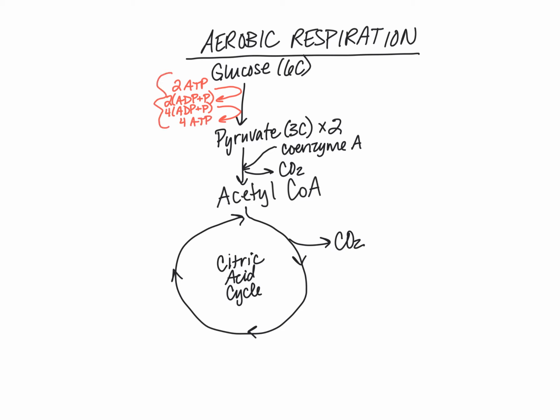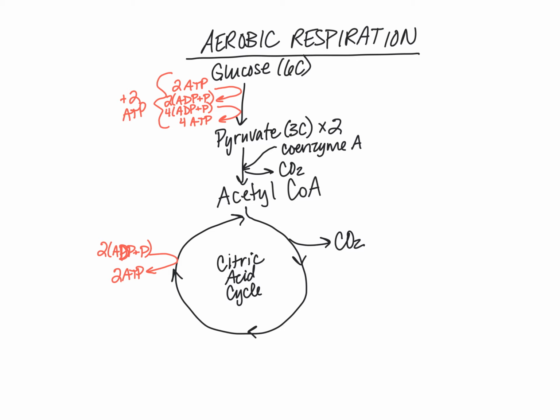So altogether, we end up with plus 2 ATP during glycolysis. Now, during the oxidation of pyruvate, we do not make any ATP, but we do make some during the citric acid cycle. So we end up with 2 ADP plus phosphate going into the citric acid cycle, and we produce 2 ATP coming out.